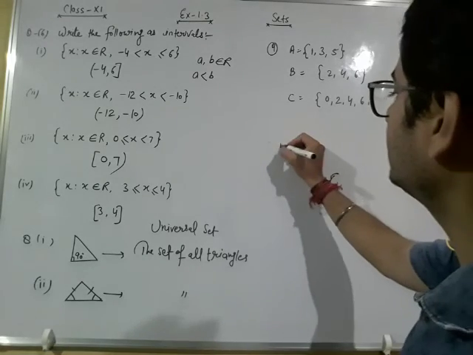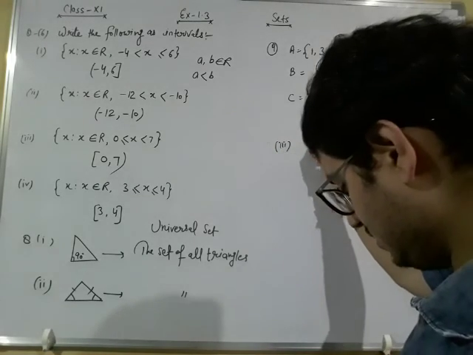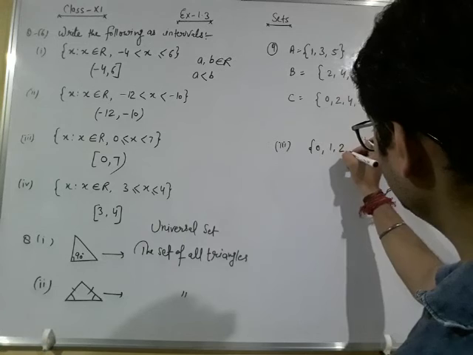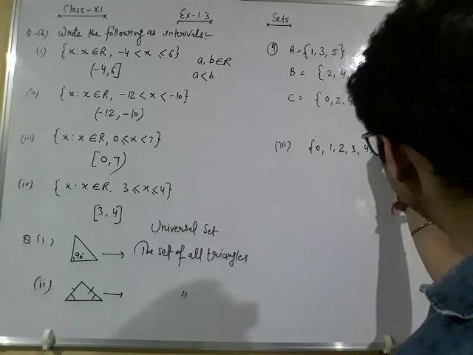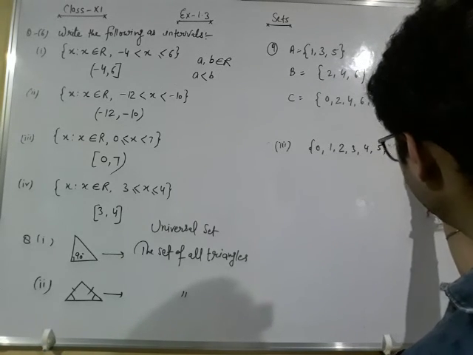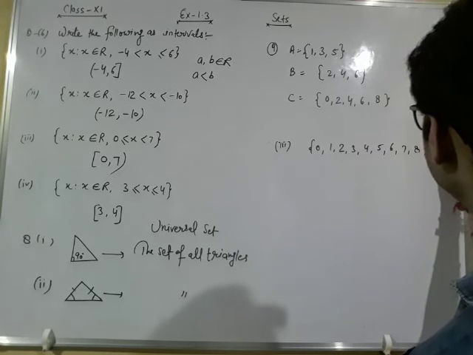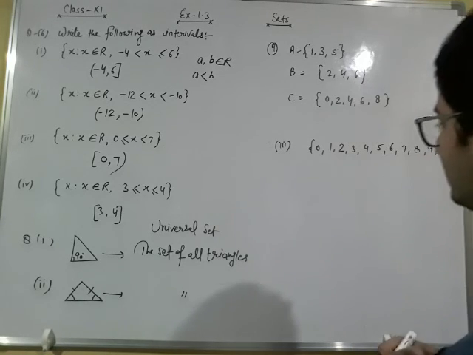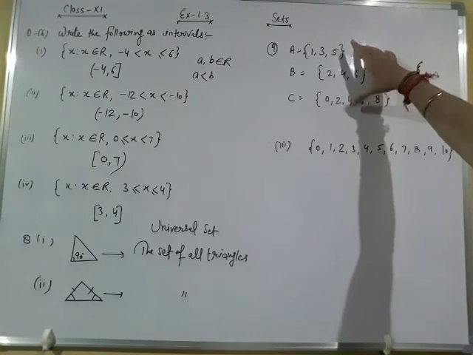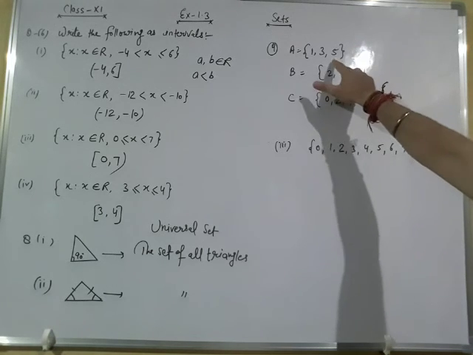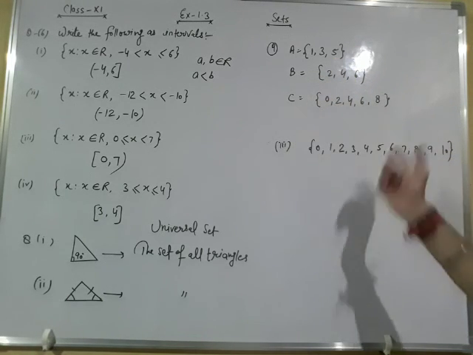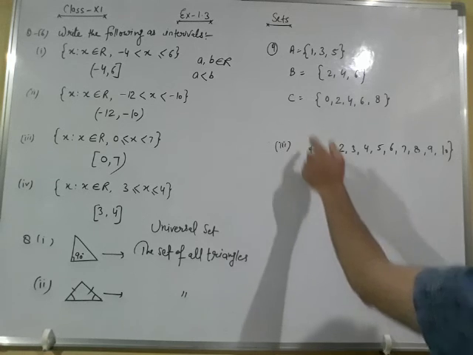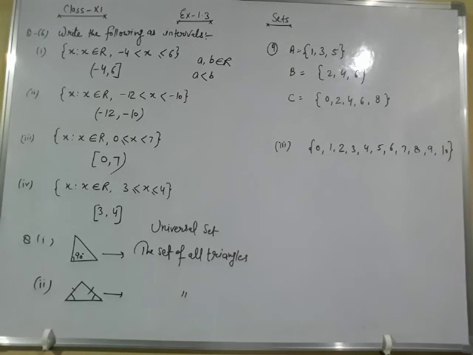In the third option we have 0, 1, 2, 3, 4, 5, 6, 7, 8, 9 and 10. Okay, so this is the set which contains all the elements of the sets A, B and C. Therefore this set is the universal set for A, B and C all.